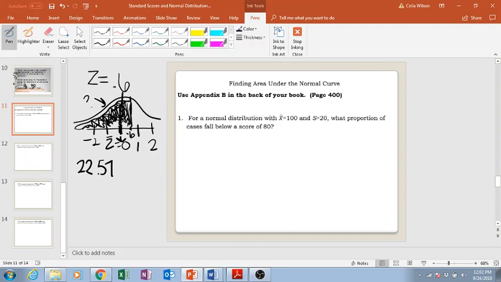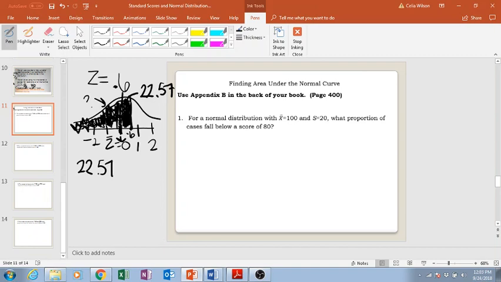So this area right here between the mean and the z is 22.57. Okay, does that make sense how that table's working? The column is labeled the area between the mean, which is 0, and the z that I care about, which in this case is 0.6. So it's about right here. And that is 22.57. But I also need to know about all of this.